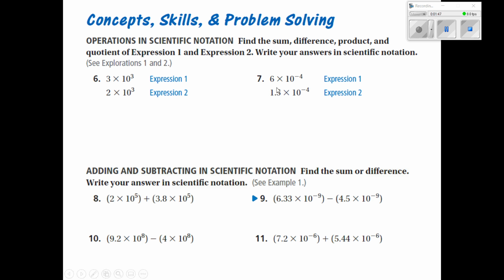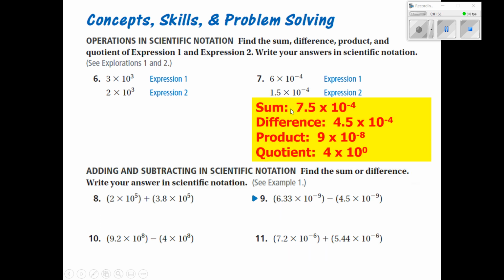So they're asking for all of these. The sum, we'd add 6 and 1.5 to make 7.5. This would stay the same then. The difference, I'd minus this, would be 4.5 times 10 to the negative 4th power.